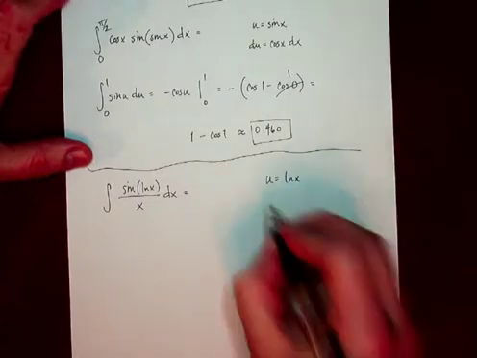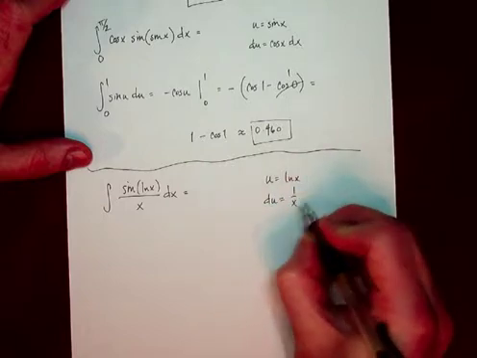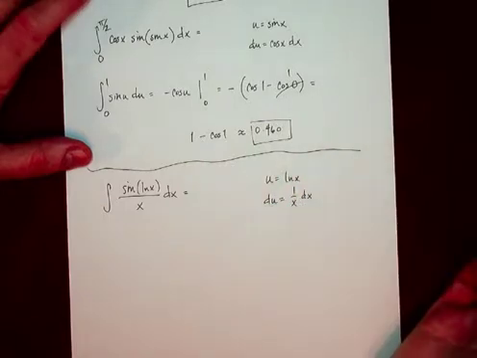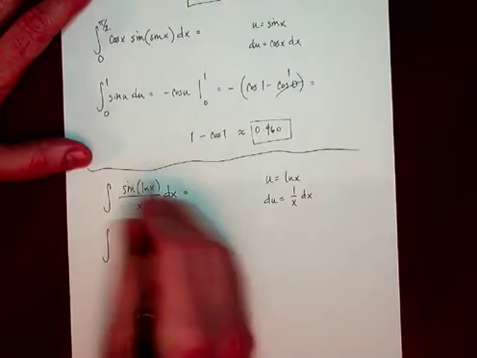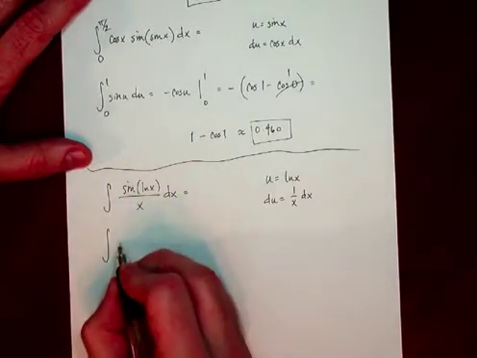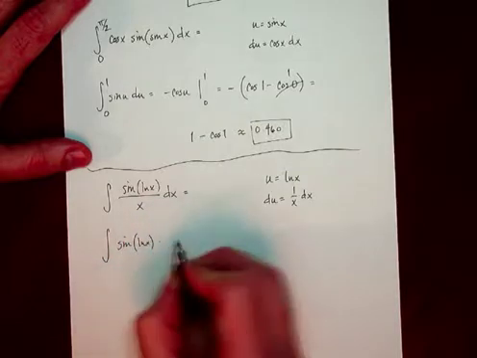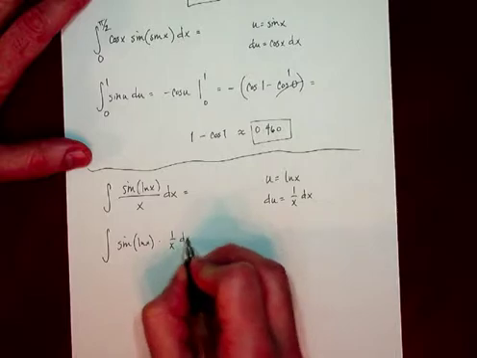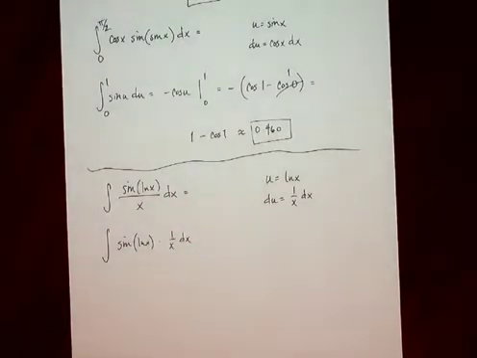Now, if I do that, then my du is going to be 1 over x dx, which I hope you see. Take that numerator out as sine of natural log x, and instead of dividing by x, multiply by 1 over x.